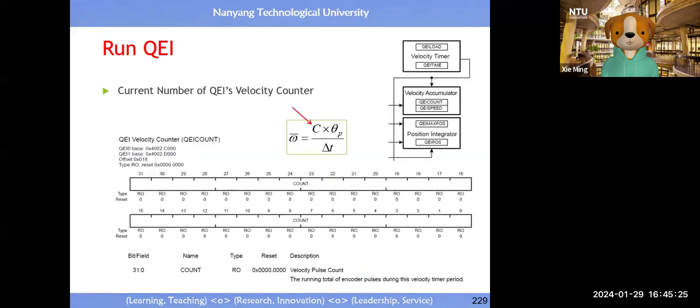Okay, so this is just for you to know. You can also, at any point in time, know what the value of C is. No need to wait for the measurement time window to elapse, right? In between, you can constantly monitor the actual value of C. Then you can do some prediction about the angular velocity.